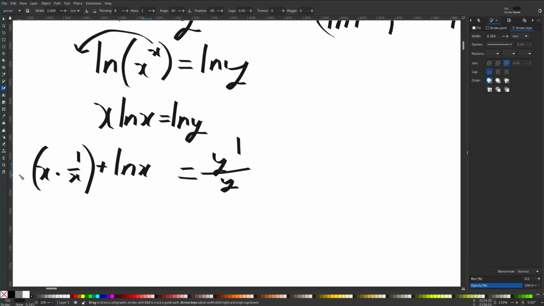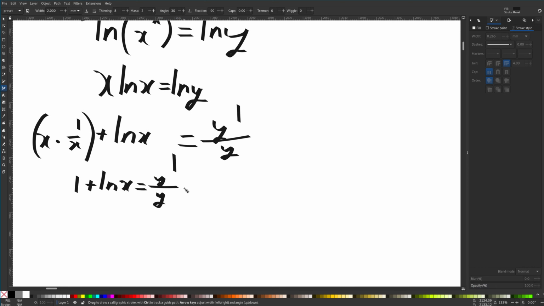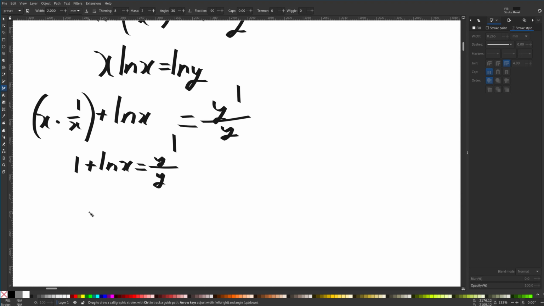Okay, our left-hand side simplifies into 1 plus ln x equal to y prime over y. Okay, we can multiply both sides by y to get y prime by itself.